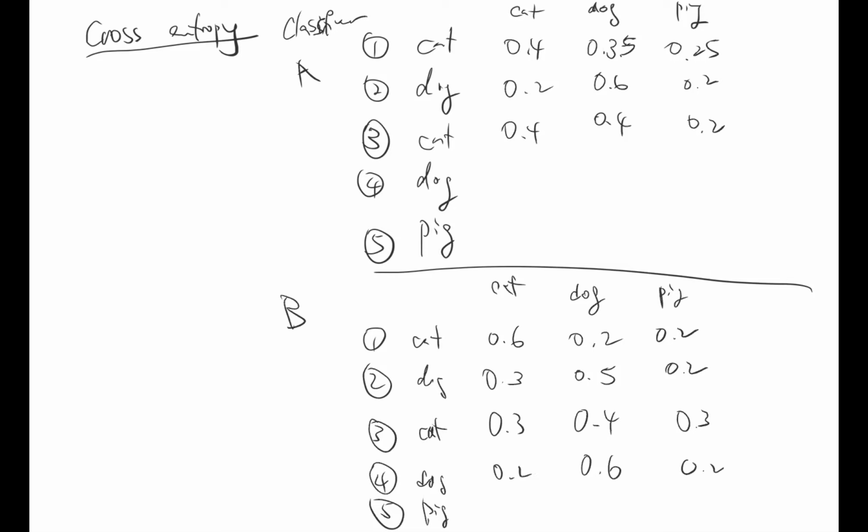Let's see, maybe this is 0.4, 0.3, 0.3 here. Maybe this is 0.9, 0.05, 0.05 here. This is like 0.5, 0.3, 0.2 here, let's say. So I randomly made up some numbers.